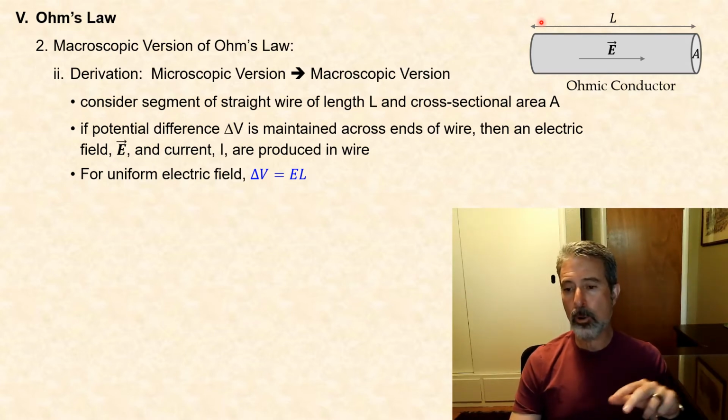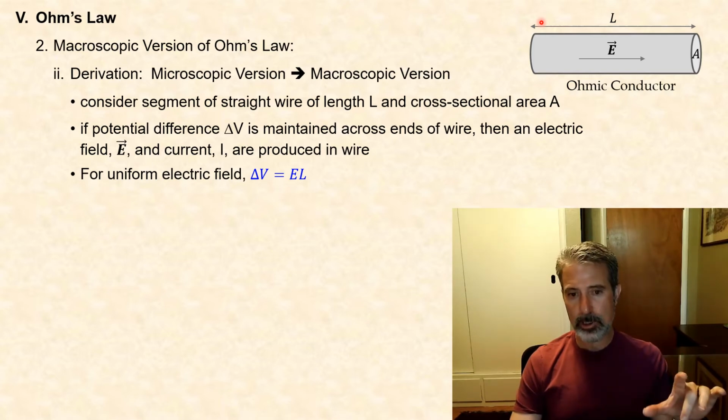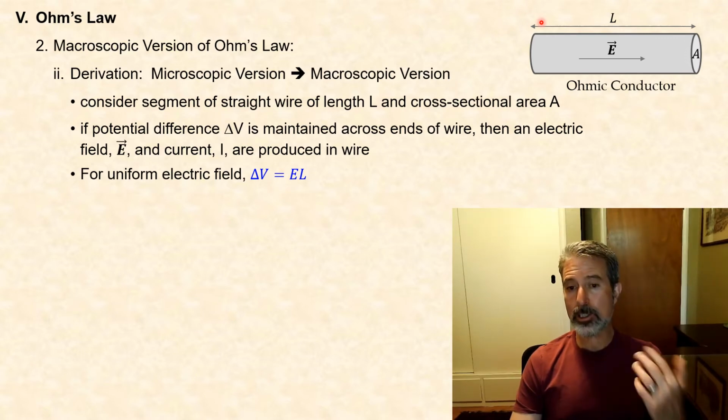So for any two points, if the field is uniform, we can say the potential difference between those two points is equal to the electric field established between those two points times the distance between those two points. Our two points here are just two ends of a wire.